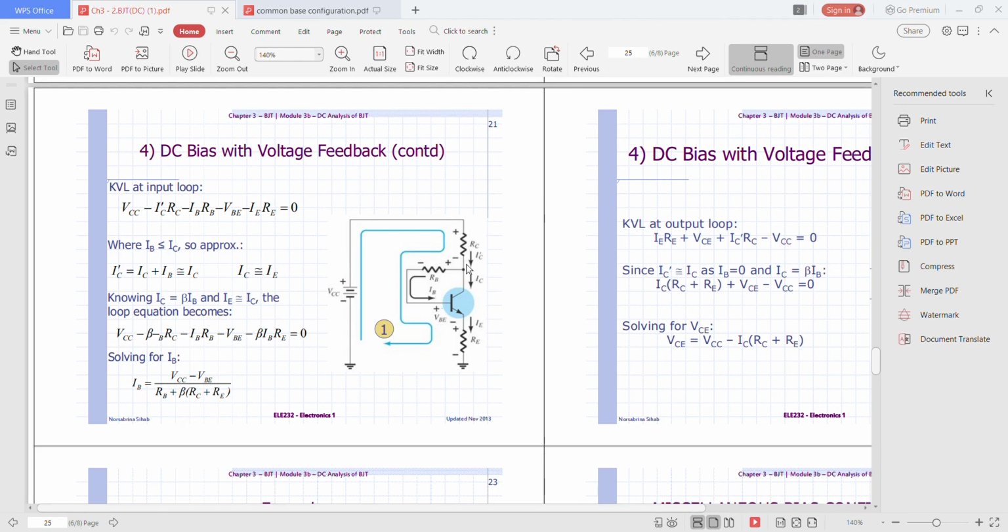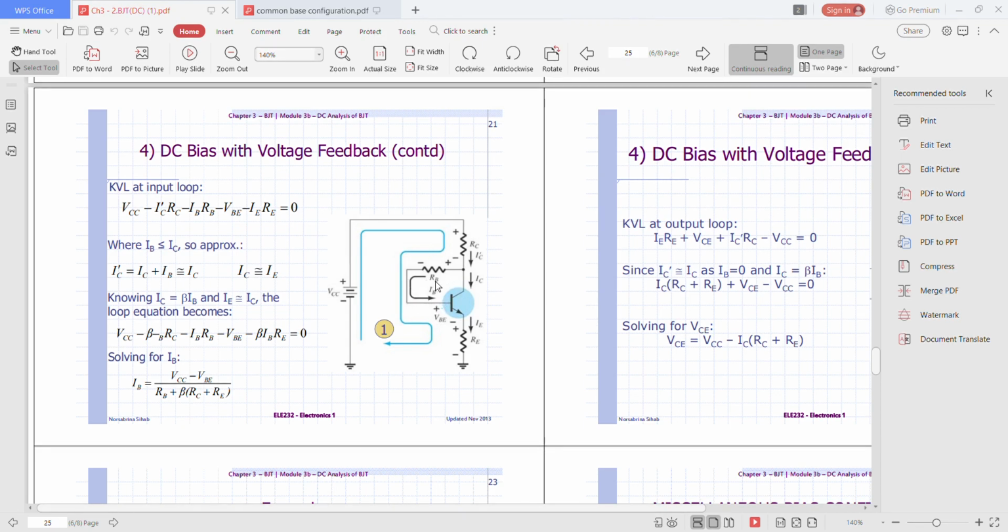There will be two currents here. As you can see in this figure, I'C is equal to IC plus IB.